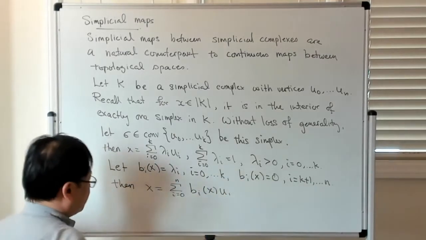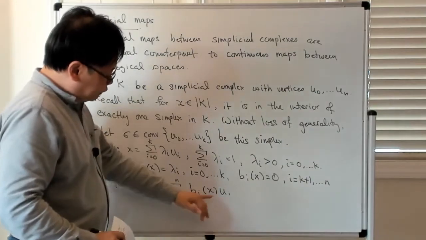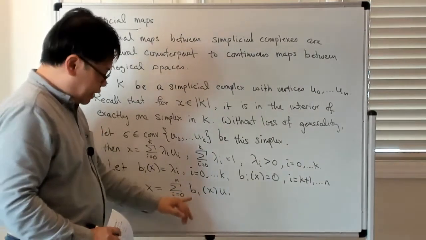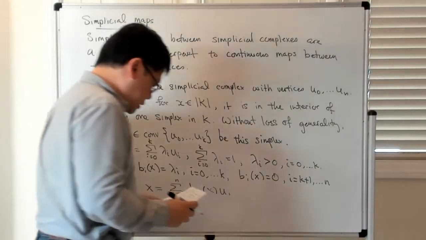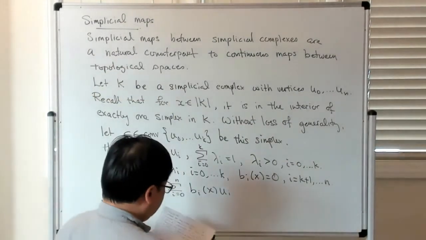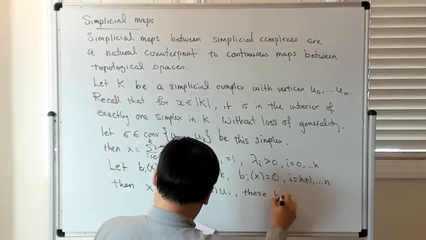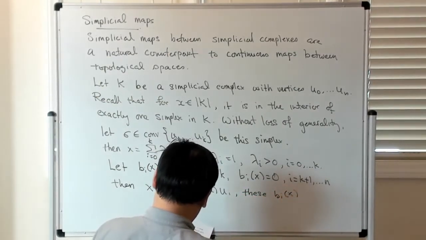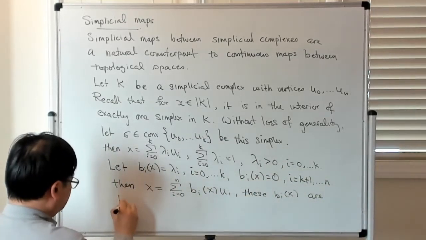So in a sense, this is a tautologous statement. I guess the best way to think about this is that this decomposition is really what defines bi of x for you. And these bi of x are what we call the barycentric coordinates.